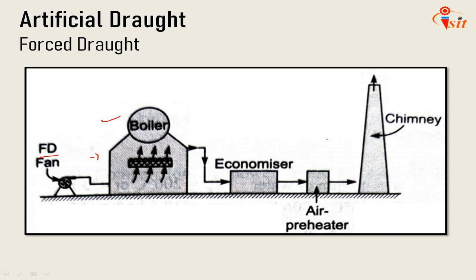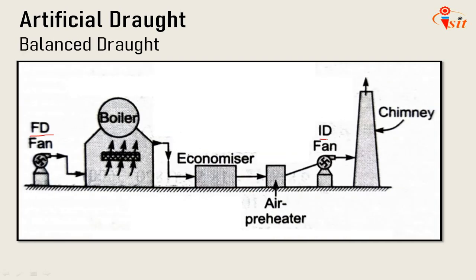No loss due to cold air through the furnace doors when they are opened for firing and cleaning the fire. And last one, fan size and power required for the same draught are one-fifth to half of that required for an induced draught fan installation, because forced draught fan handles cold air. Okay, so those are the advantages of forced draught.